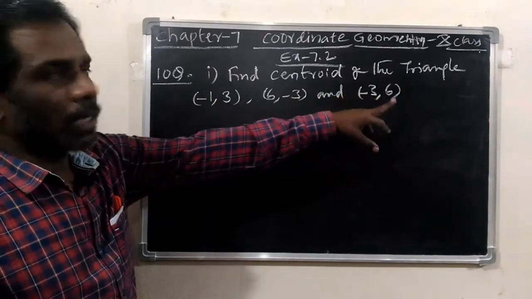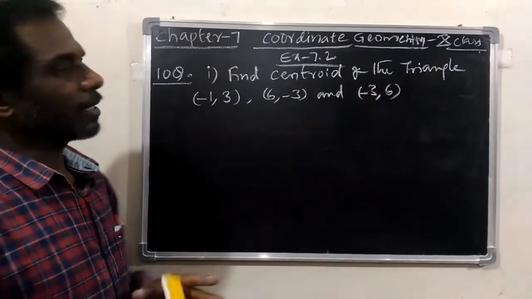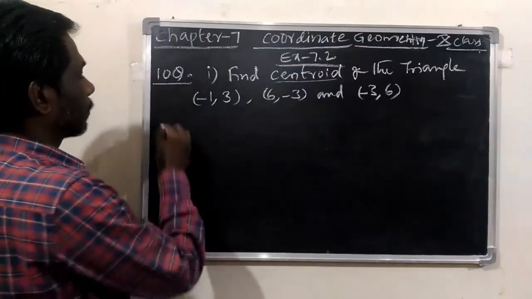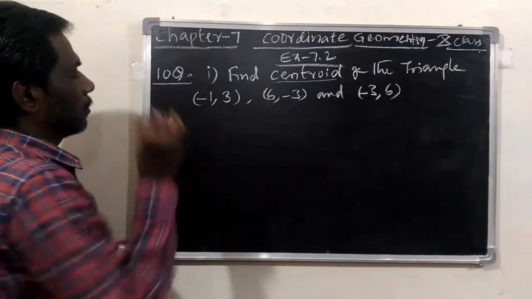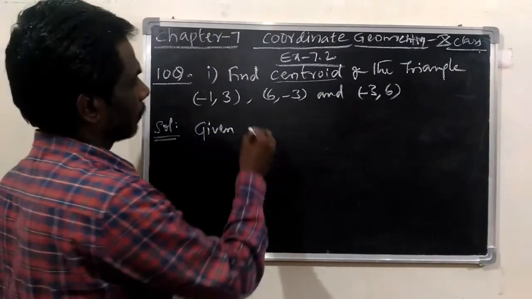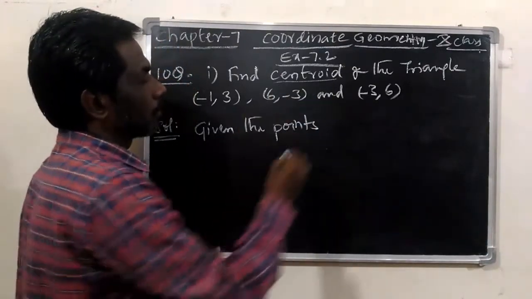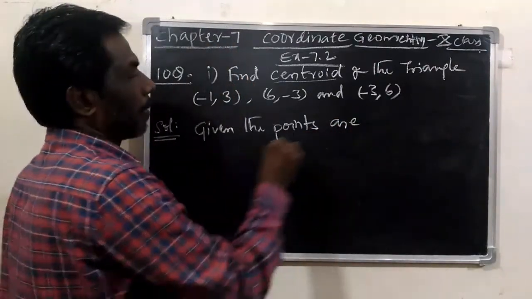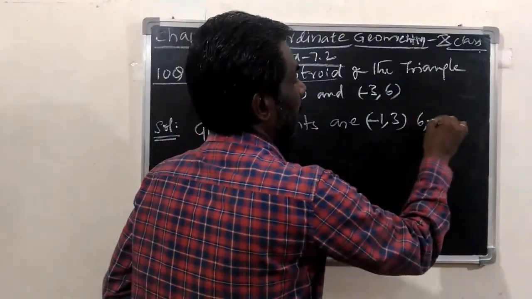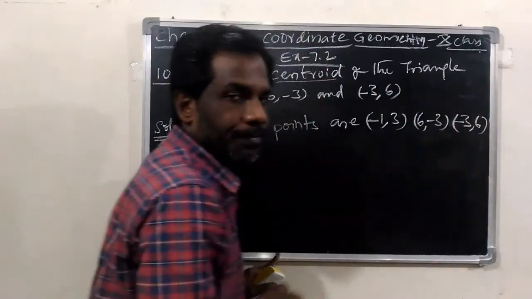Now here we have one more question, from exercise 7.2, question 10, first part. Find the centroid of the triangle with vertices (-1, 3), (6, -3) and (-3, 6). What do we want to find in this question? The centroid of the triangle. Solution. Given the points are (-1, 3), the first point, (6, -3), the second point, and (-3, 6), the third point.